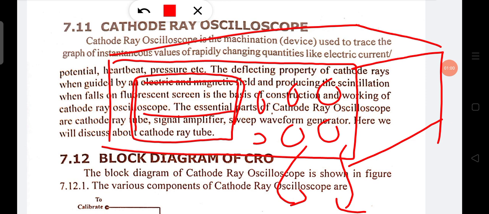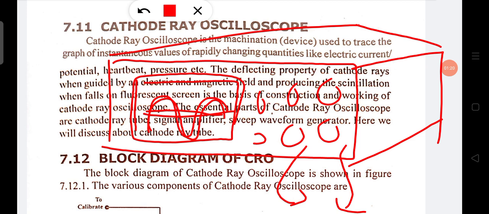In that display we get the graphical representation of everything. Everything means the thing we measure. Let's say we measure the voltage, so we get the graphical representation of that voltage in instantaneous time.